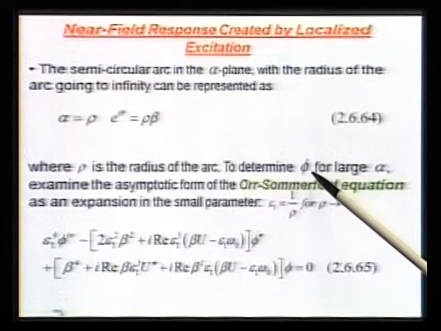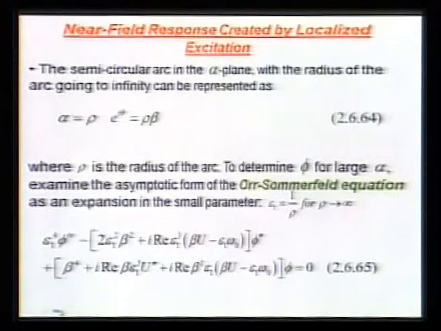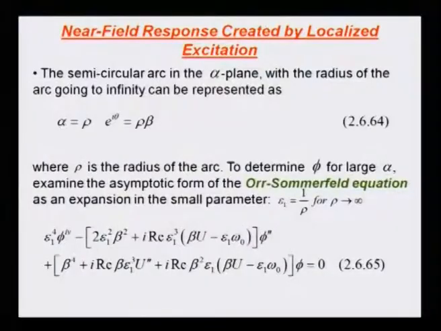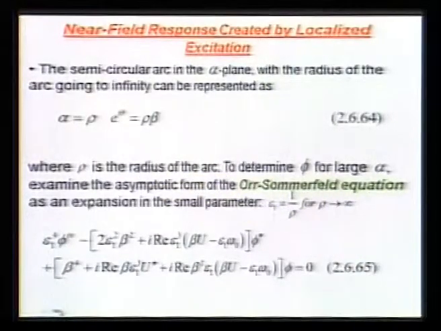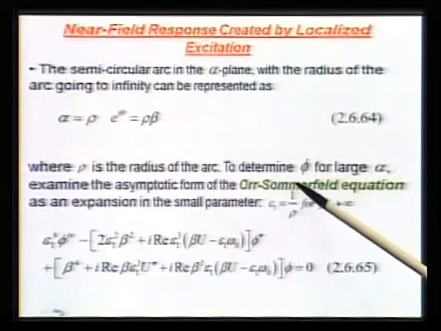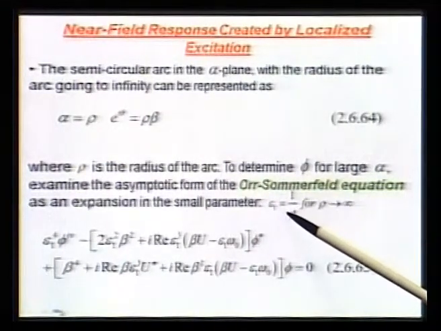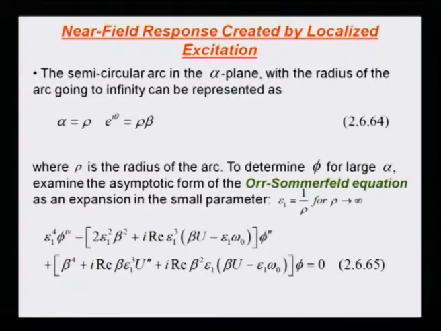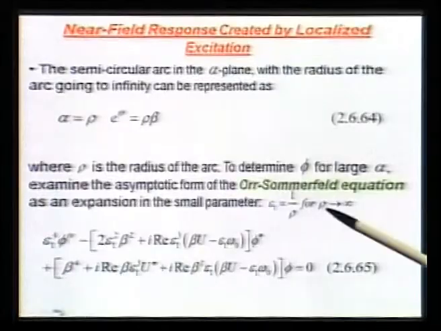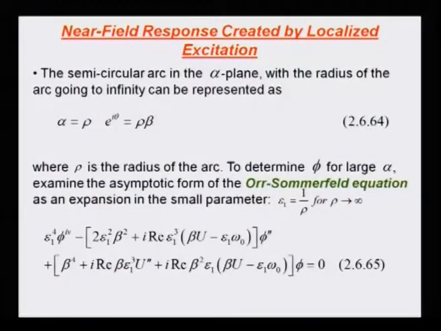Let us see what happens. We are now trying to figure out what this phi is going to be for alpha going to infinity. That means rho should go to infinity. So, what happens? I can define a small parameter, call it epsilon 1, which is 1 over rho. As rho goes to infinity, epsilon 1 goes to 0.